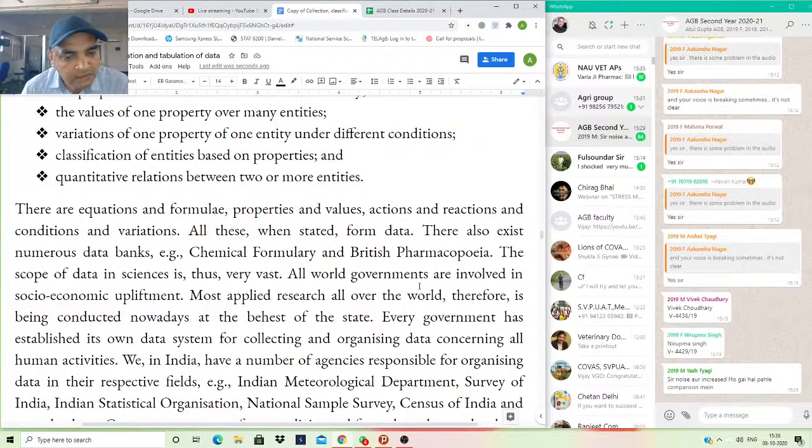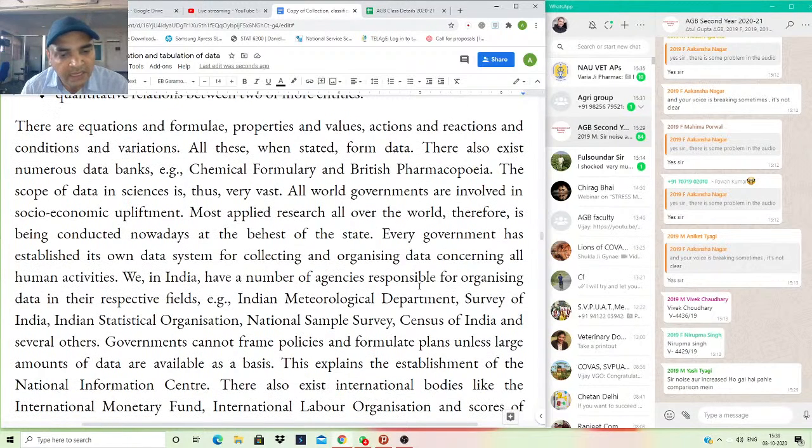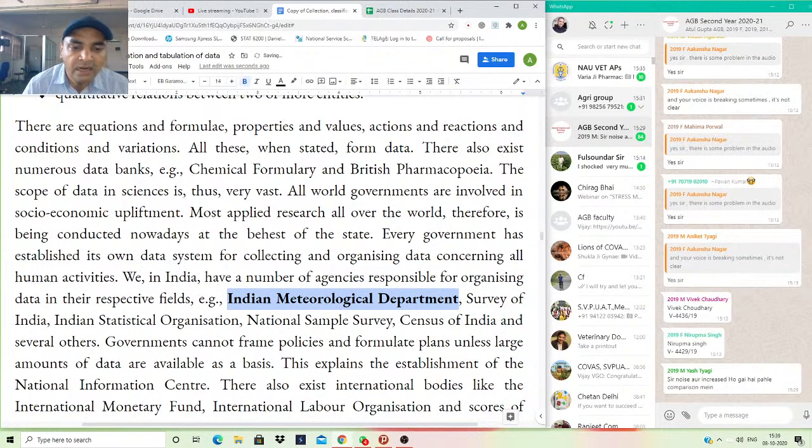Some examples have been given here, like the Indian Meteorological Department, they gather the data so that you can have meteorological extrapolations, that is, what will happen next month and how the weather will behave.